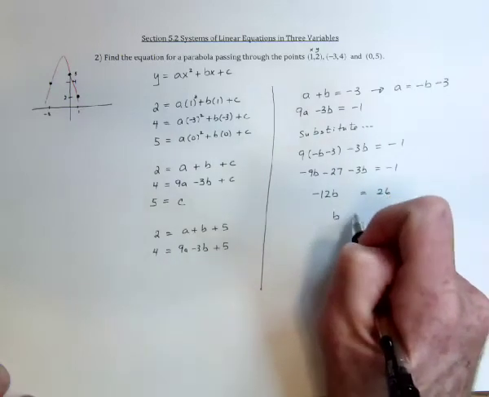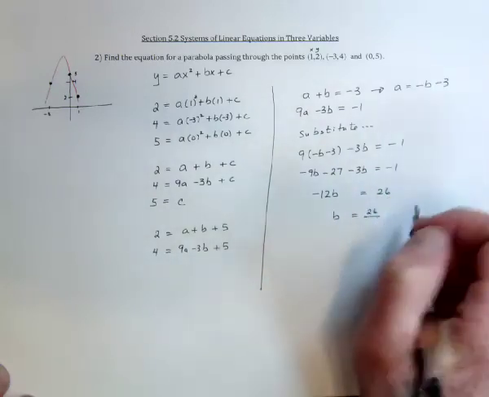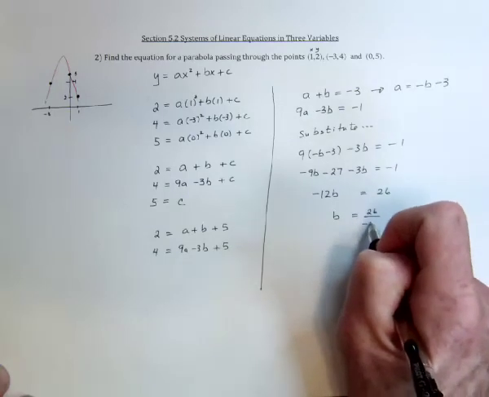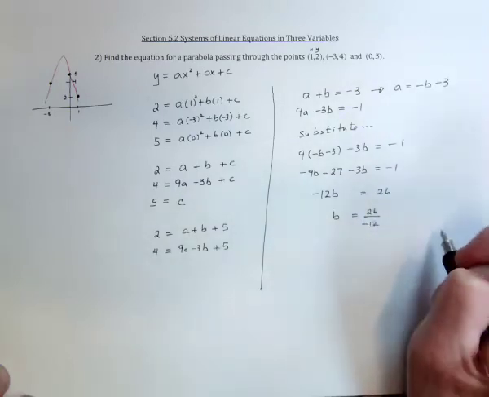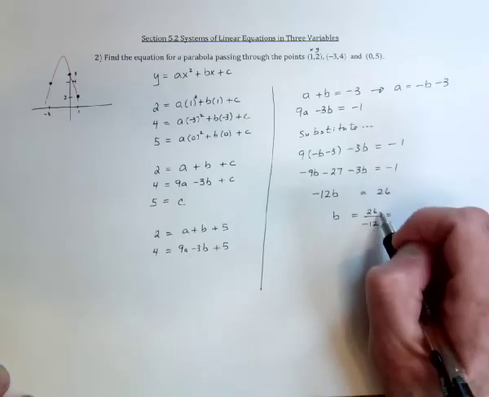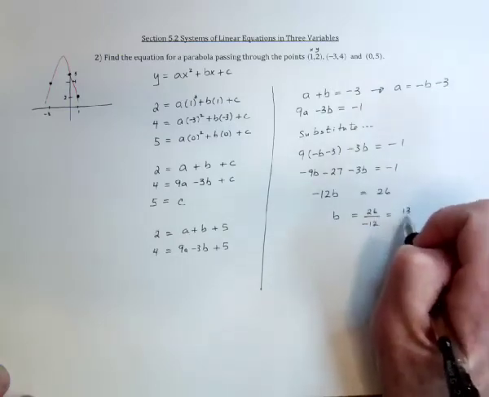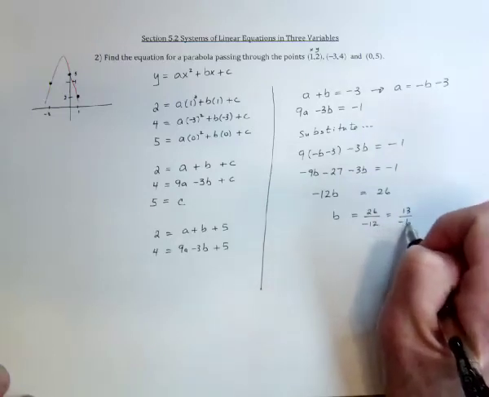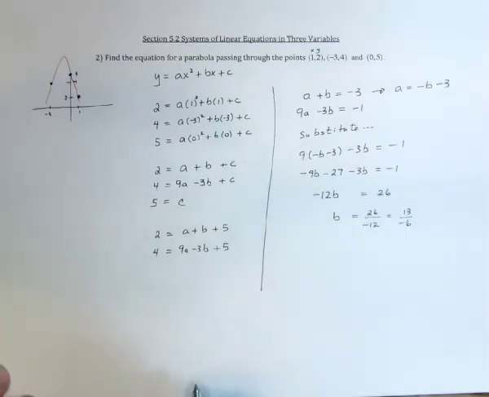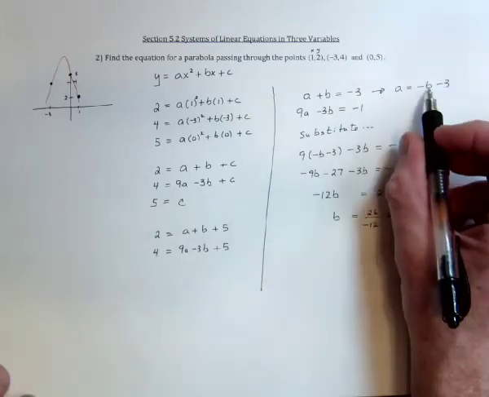So dividing results in b equal to 26 divided by -12, or if we reduce, we can divide by 2 for 13 and divide by 2 for -6. So there's the b. And finally we need to find the a. So substitute that value over here.